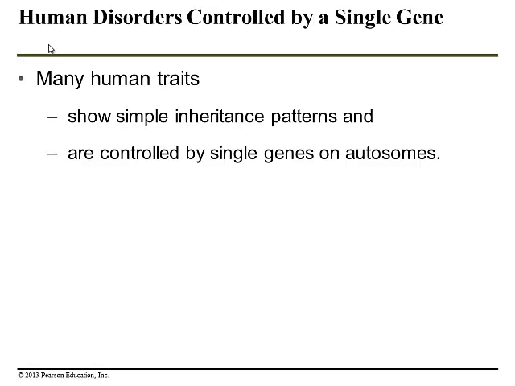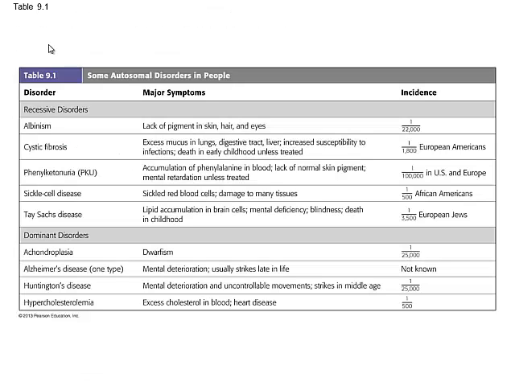You have 22 autosomes, all the ones that aren't sex chromosomes. So human disorders controlled by a single gene tend to be, not always, controlled by a single gene on autosomes.